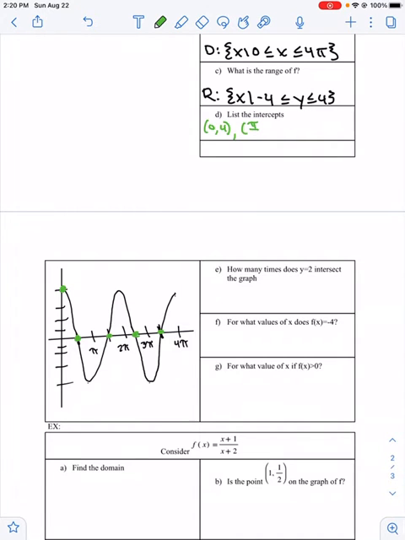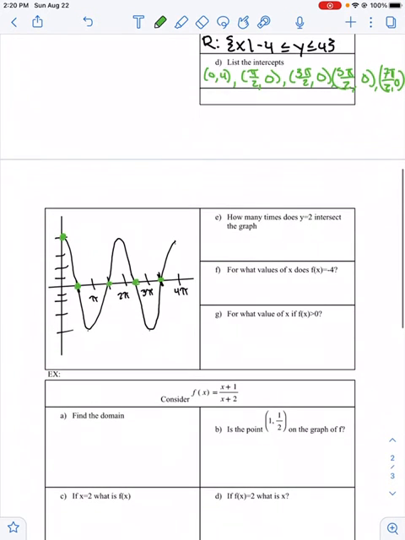The first one is pi over 2. The next one is 3 pi over 2. The next is 5 pi over 2. Then 7 pi over 2. It will be very clear for you on the test what those values are.